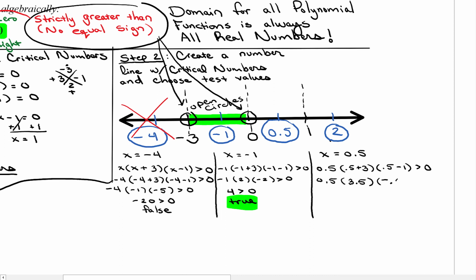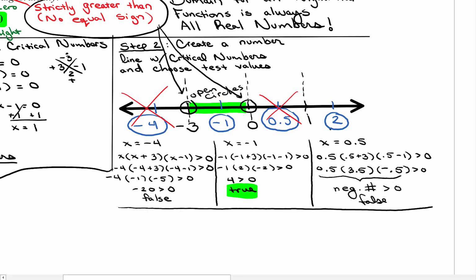I know the answer is negative, and I know that a negative number is not greater than 0. So I know that because this is going to be a negative number, and it says, is a negative number greater than 0? I know it's false. So like I said, sometimes with this factored out form, it's just easier to tell what the answer is going to be without having to do all the work. So it sometimes saves you a little bit of time.